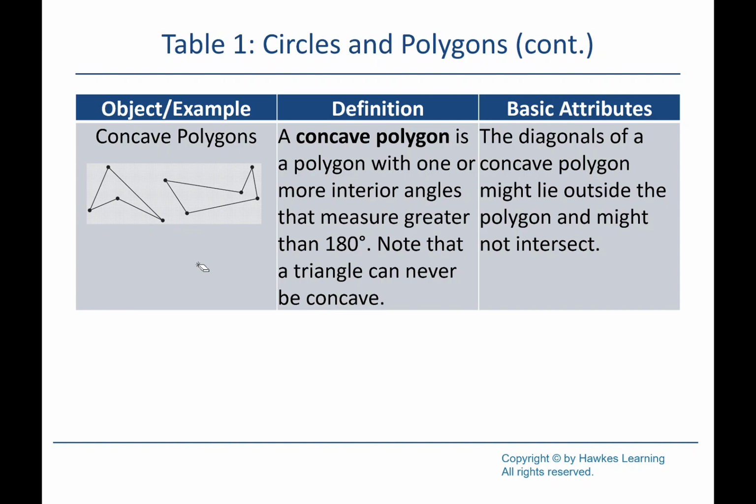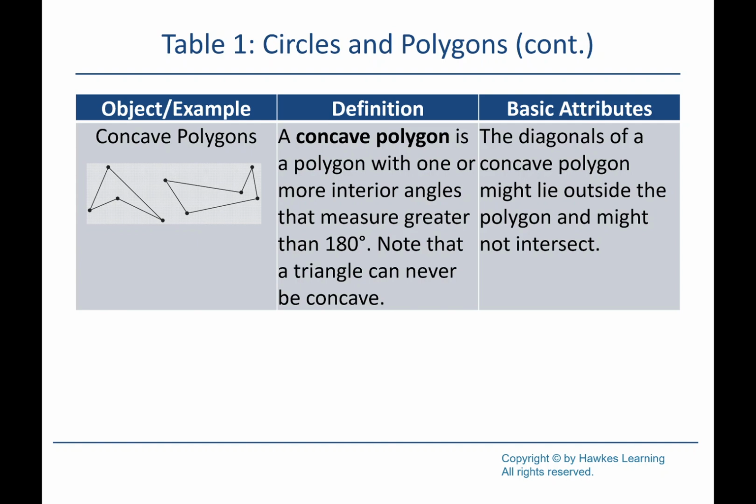You can talk about convex and concave by the angles in there as well. You can say for a convex polygon, all the angles are less than 180 degrees. For a concave polygon, we can have angles bigger than 180 degrees. The same way of thinking about the same thing. Okay, and then one little interesting note about the concave polygons is there's no such thing as a concave triangle.